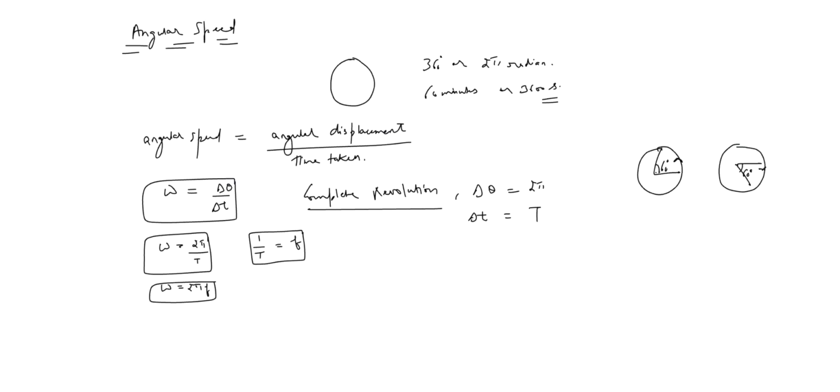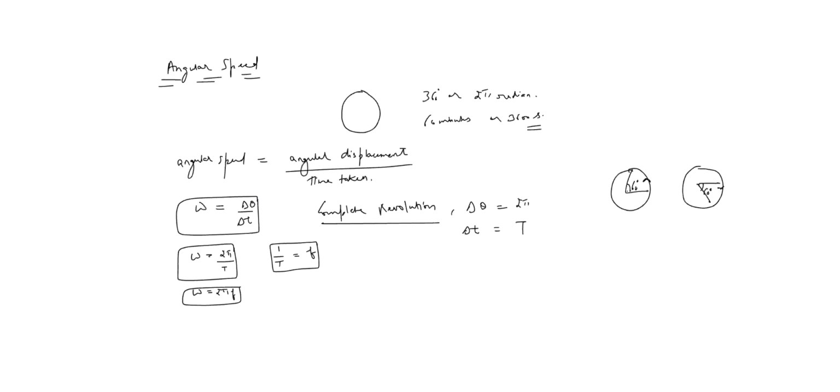What was the question? The cylinder rotates at 1200 revolutions per minute. Per minute it is 1200. Per minute means 60 seconds. So in 1 second it will be 1200 by 60, that is 20. And frequency is the number of revolutions per second. So it will be 20 only.